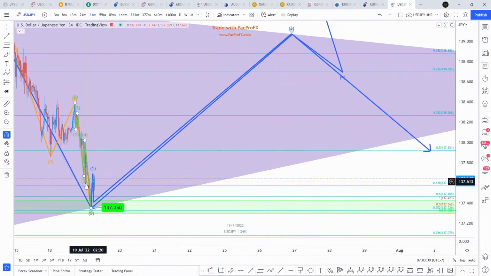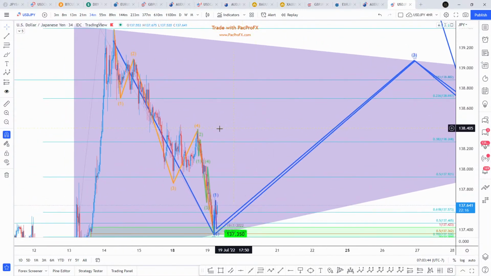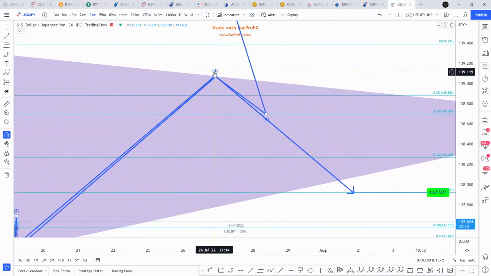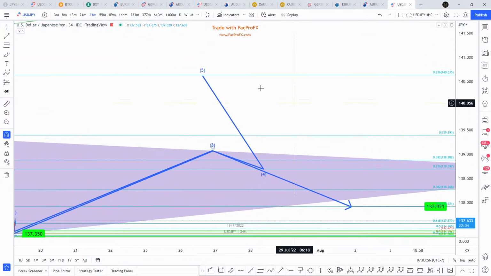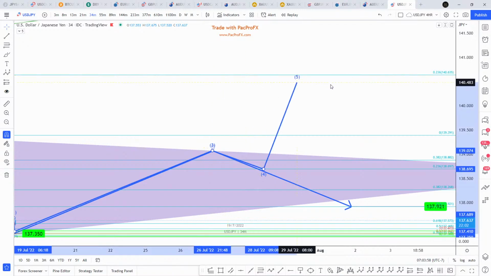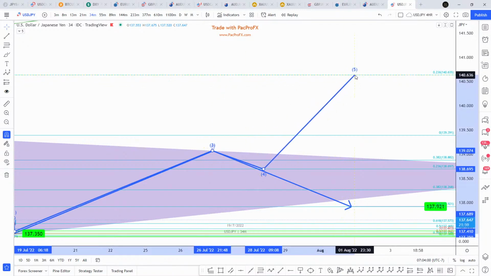So it looks like the way up is going to be not as fast of a pullback here. The way up is going to be a little bit slower. So it might take until about the 27th to get up here. And then to get up to the higher number range, it'll take a little longer.